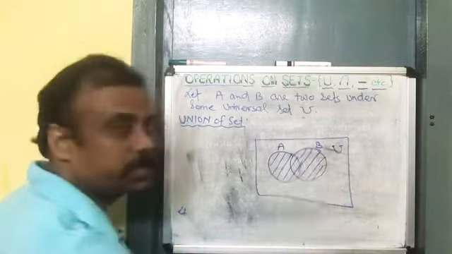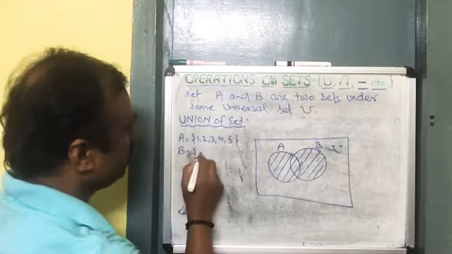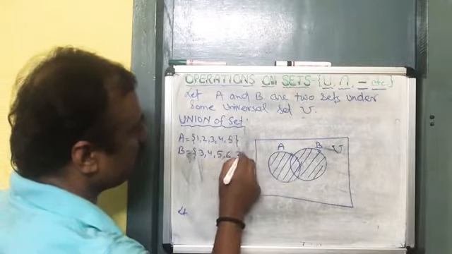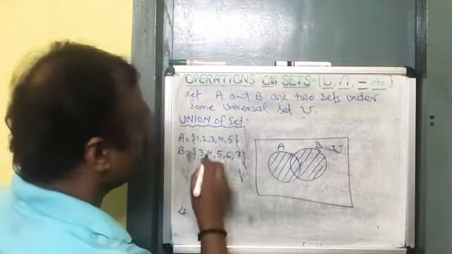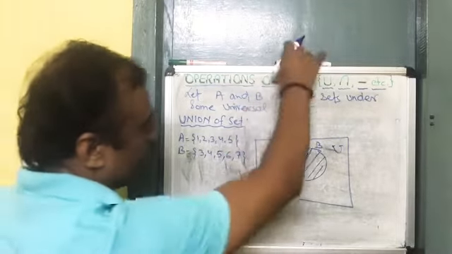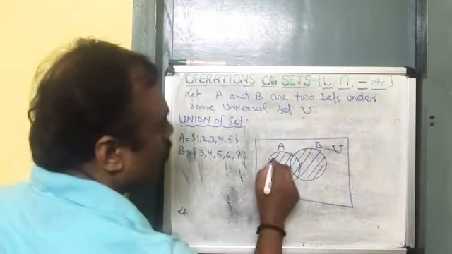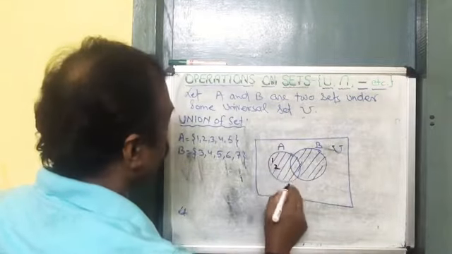Since in A I have taken 1, 2, 3, 4, 5 and in B we have taken 3, 4, 5, 6, 7, I am going to take the help of another color. In A: 1, 2.